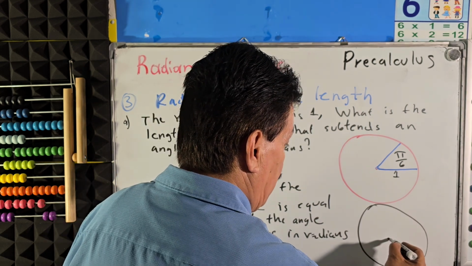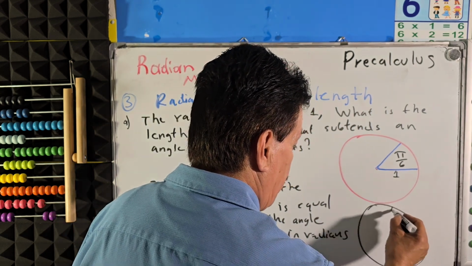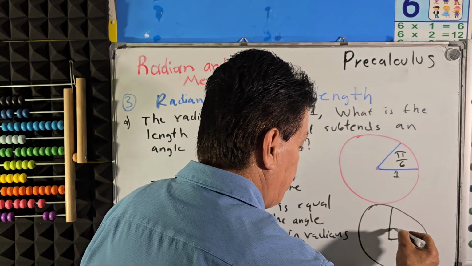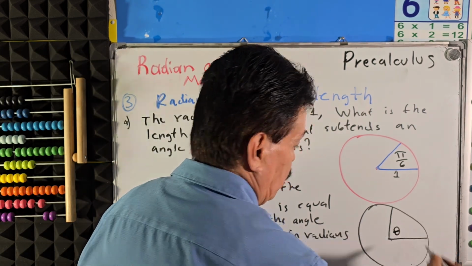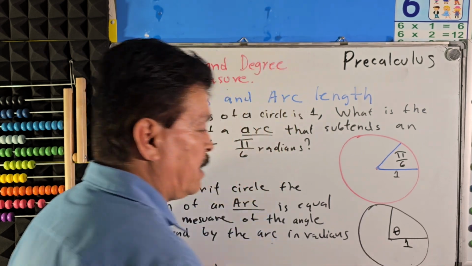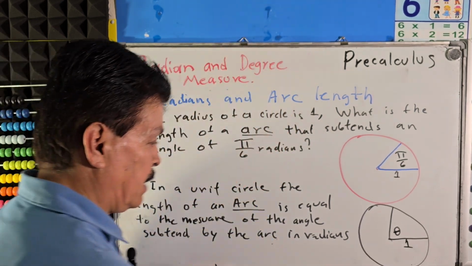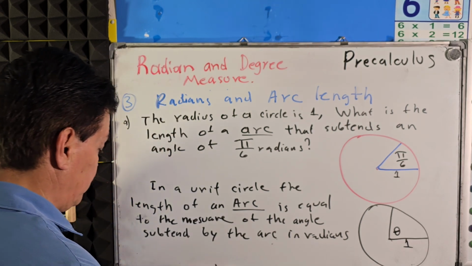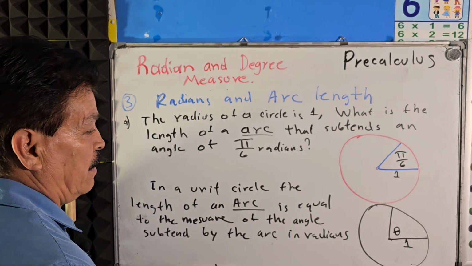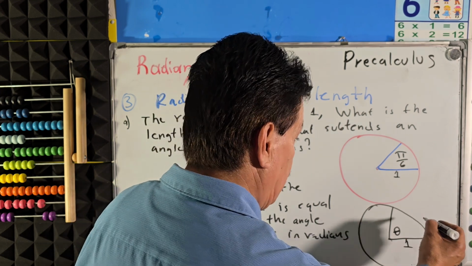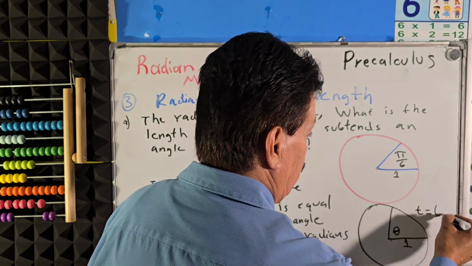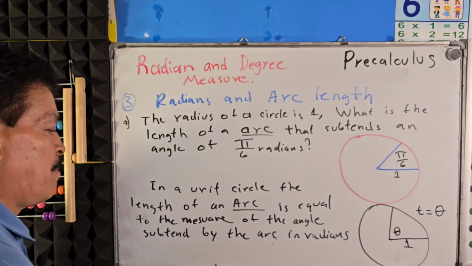If we have this picture, this is the angle, and we are talking about the unit circle. Here t is equal to the angle. That is the main concept.